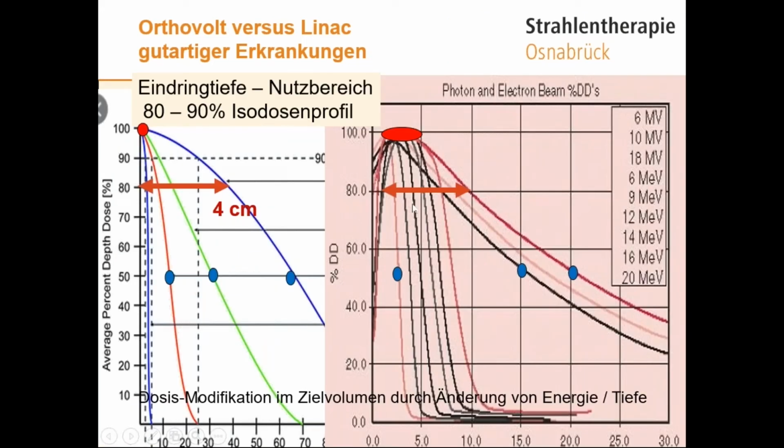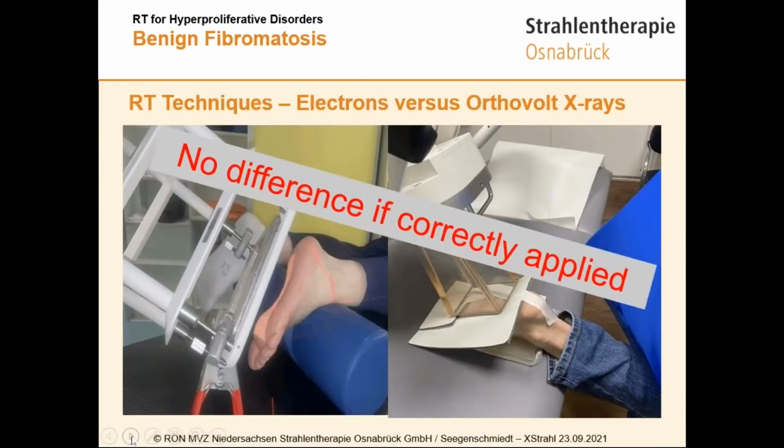Here you can see that with both techniques, like orthovoltage, 4 centimeter penetration depth can be reached with 200 kV, while it can also be reached with electrons. So penetration depth up to 4 centimeters can be equally physically and clinically provided to any patient with superficial benign fibromatosis.